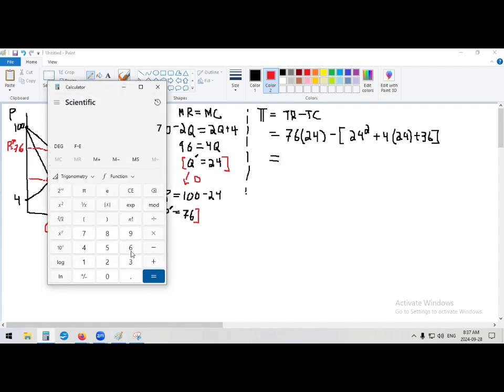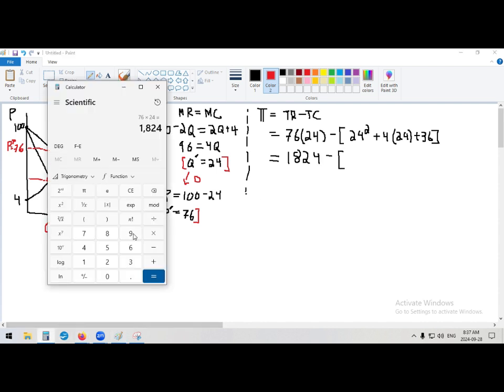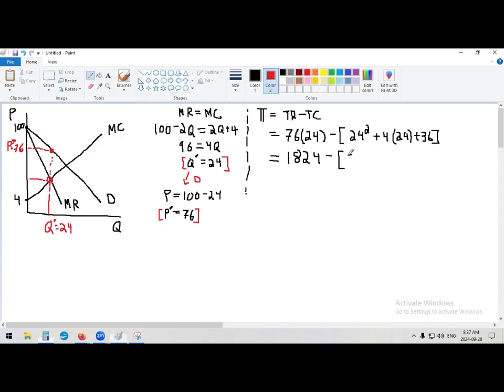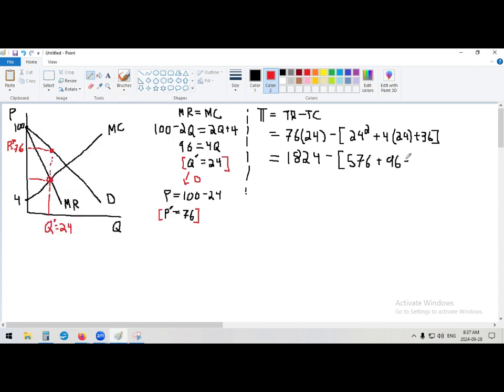So let's see, we have 76 times 24 in the front. So it's 1824. And then let's deal with what we have here in the bracket. So we have 24 squared. It's 576. Plus, let's see, 4 times 24, which is 96. Plus 36.